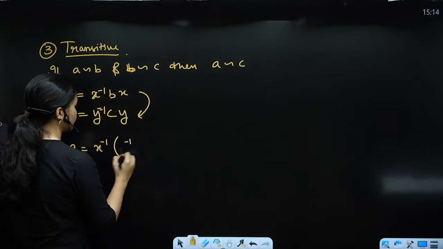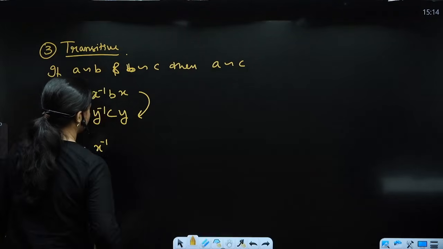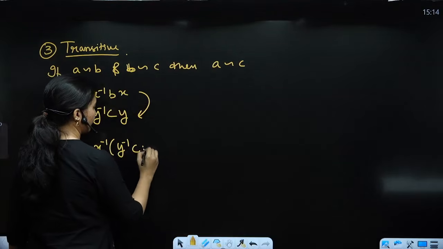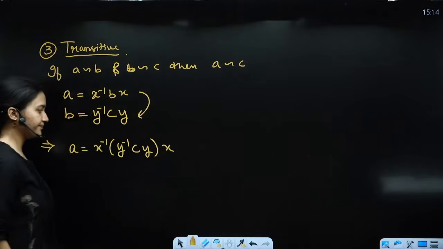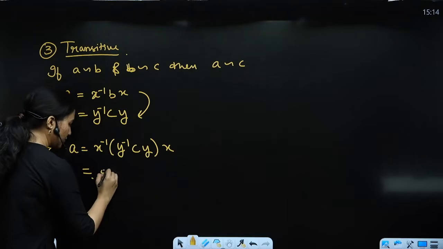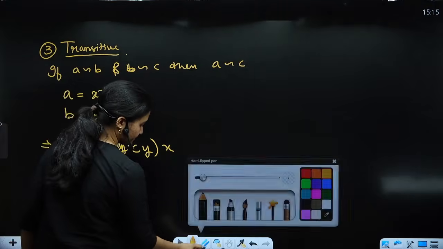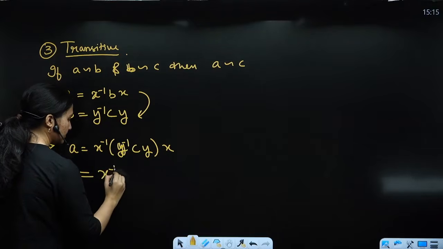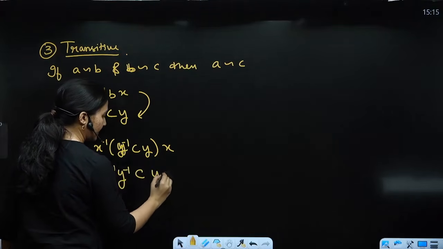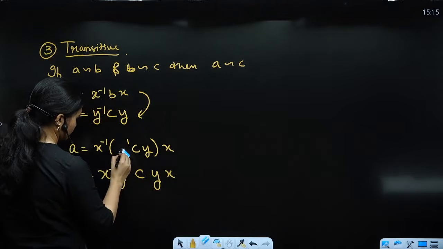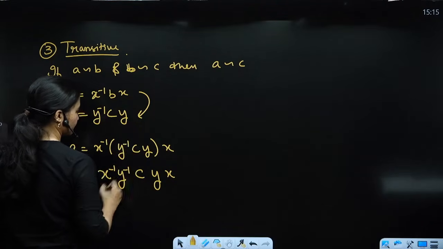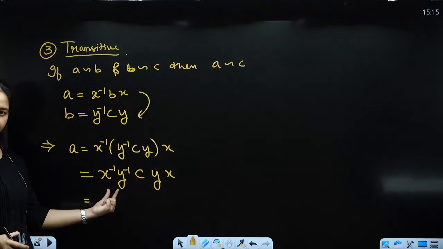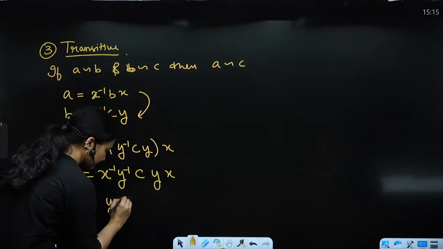That is y inverse c y, so x inverse y inverse c y x, right? Now see, I have an element here yx, I need inverse of that here. Can I write it as yx inverse, right?